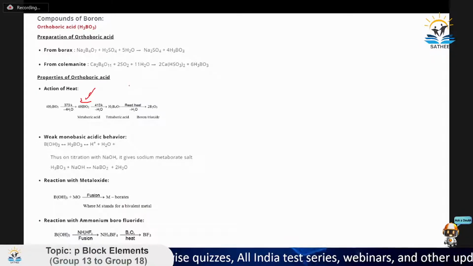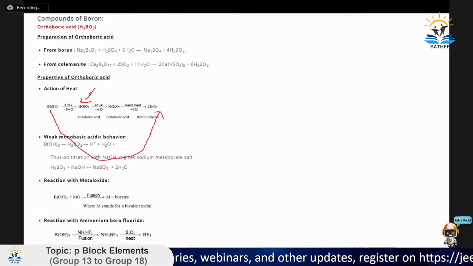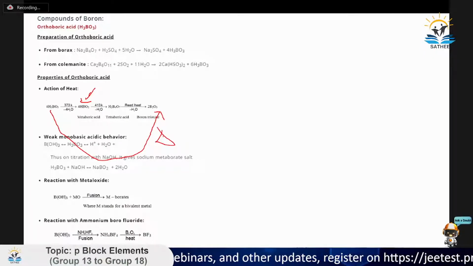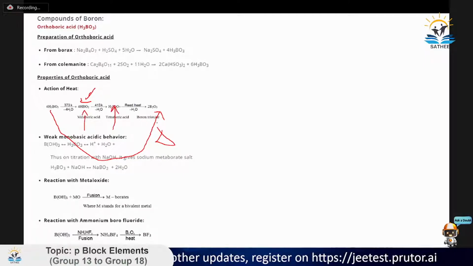And again, you keep heating it, and you'll get boron trioxide. So from H3BO3 to B2O3, all you're doing is heating it the whole time. But in the middle, there is a metaboric acid form and a tetraboric acid form too.